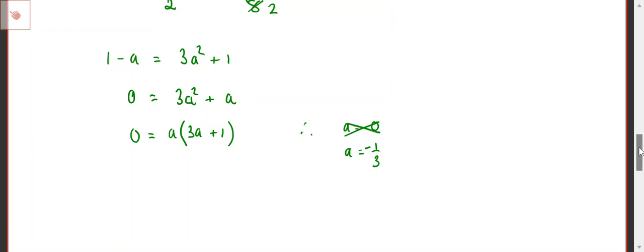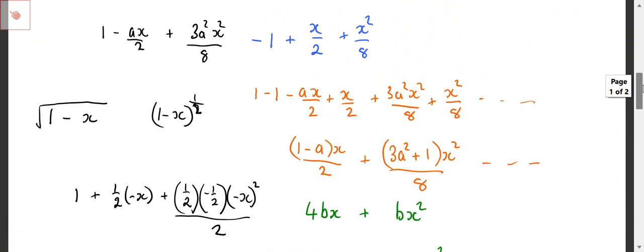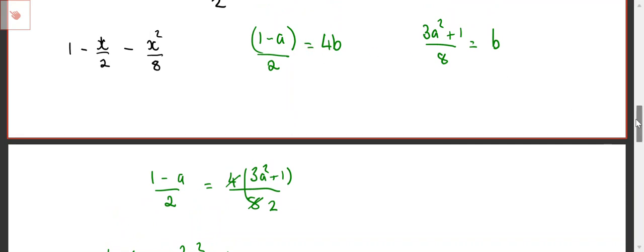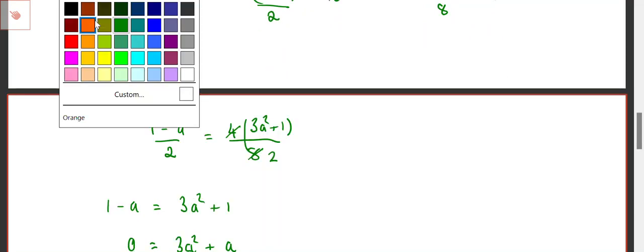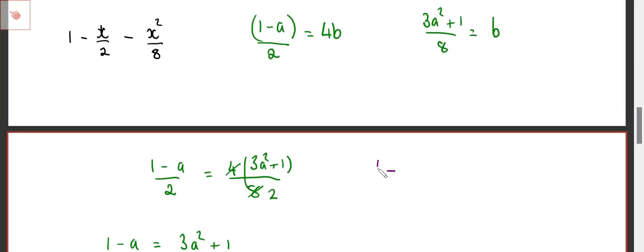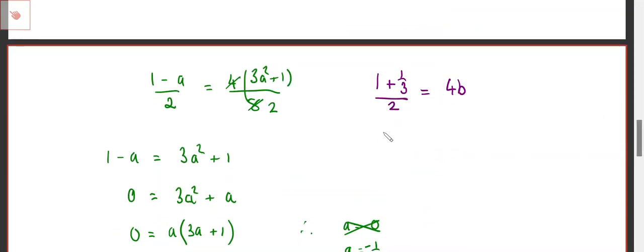Alright. And now we take negative 1/3 for a to find b. So 1 minus negative 1/3, so 1 plus 1/3 over 2 equals 4b. Divide by 4 both sides.